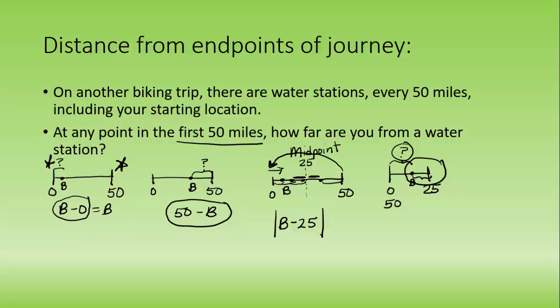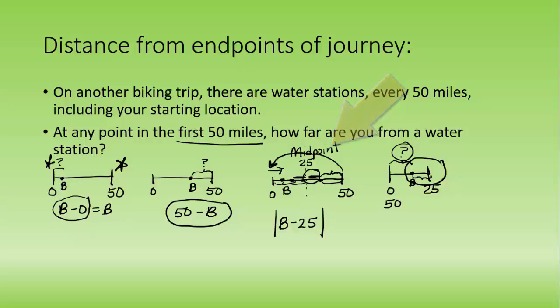Notice that the maximum distance I can ever get from a water station is 25 miles, because once I travel more than 25 miles, I'm getting closer to the second water station. So it turns out that the maximum distance is the halfway point. So what I'm going to do is subtract this distance and see how much of this distance is left.